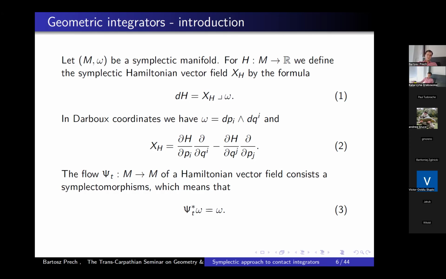So maybe not necessarily Hamiltonians, but for a function we can define its Hamiltonian vector field, which is defined as the interior product of X_H, by formula 1, let's say. And it can be plus or minus depending on the convention.